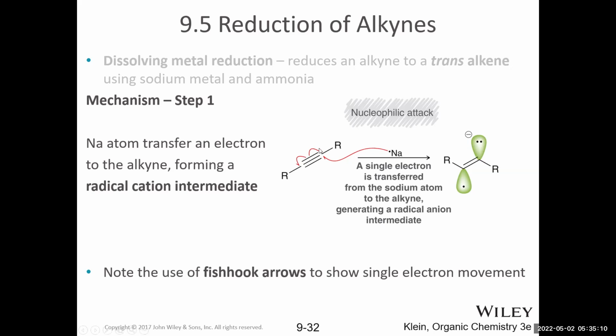One of the pi bonds breaks up to form a radical anion. Oh, I don't know why that says radical cation. I did not notice that until now. Sorry, you should change this, and I'll change it after. It doesn't say that in the slides that you get, but this should be a radical anion intermediate.